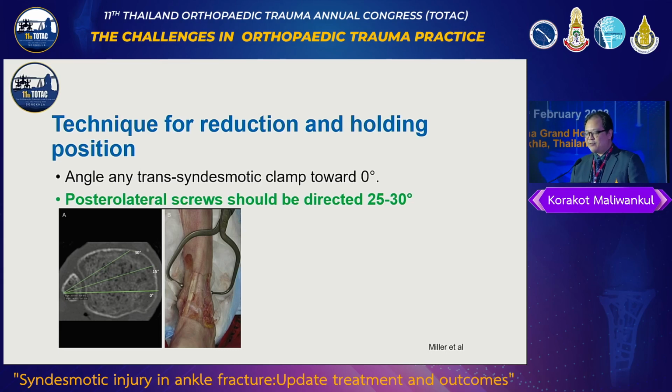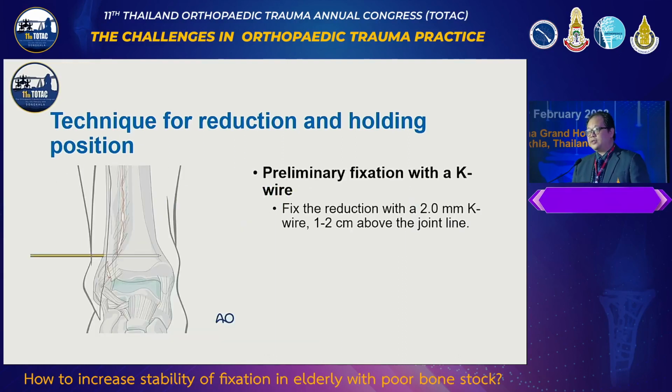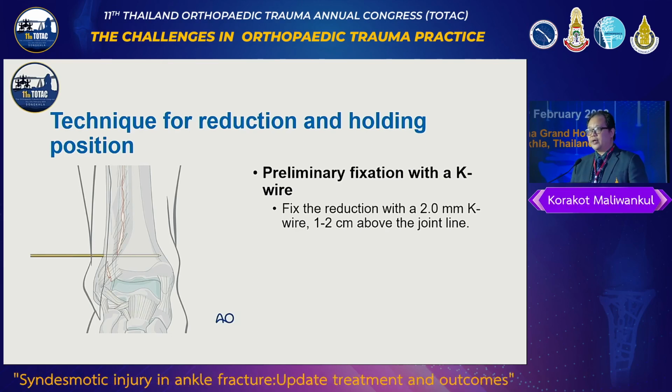And the screw, everyone knows it should be a posterolateral screw, directed at 25 to 30 degrees. And this is my lovely technique too: preliminary fixation with a K-wire. It helps us a lot when you fix the syndesmosis. Reduce it perfectly, preliminarily fix with the K-wire, and then fix with the screw or suture button.